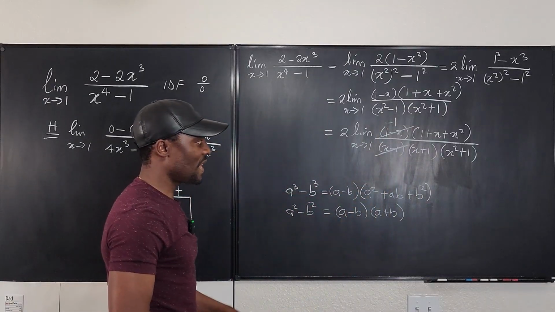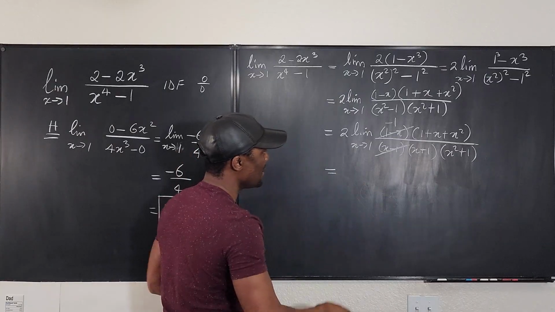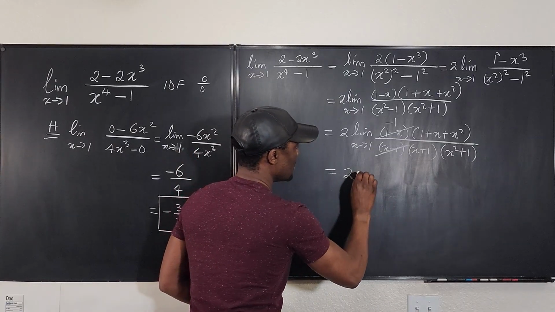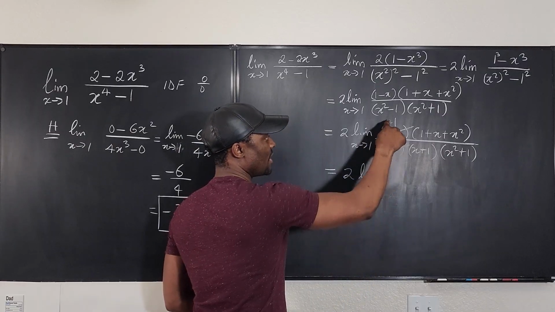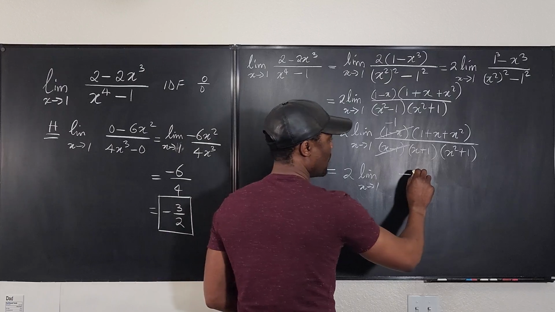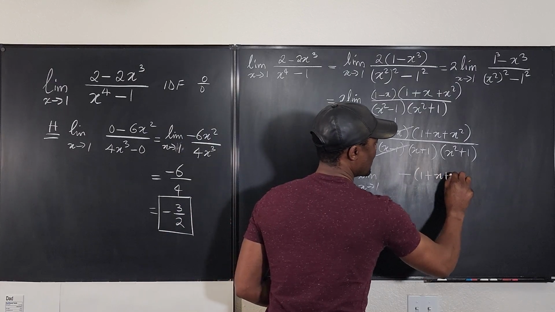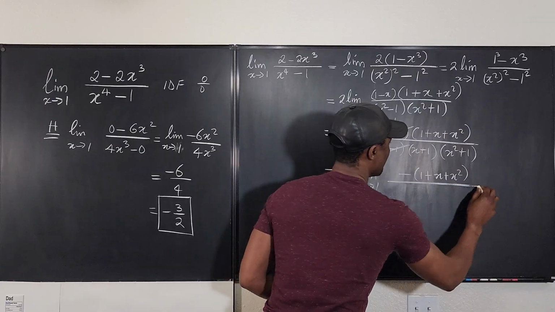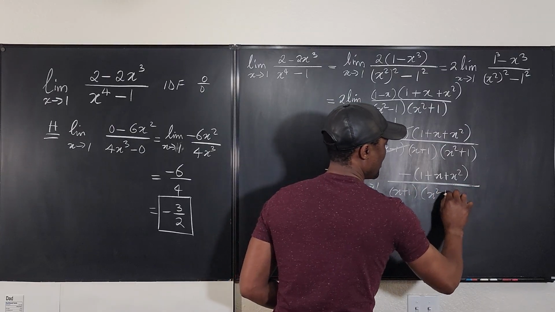So our next line is going to be 2 times the limit as x goes to 1 of, this is gone, we're going to have a negative 1, of 1 plus x squared divided by x plus 1 times x squared plus 1.